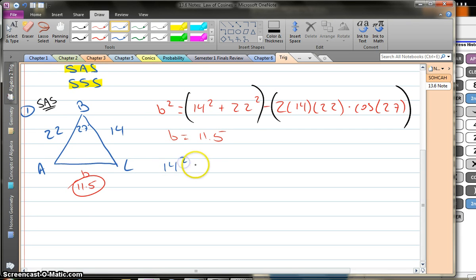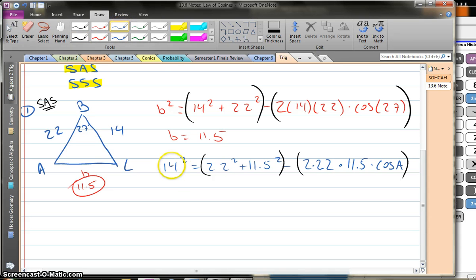14 squared equals 22 squared plus 11.5 squared, now that we know the other side, minus 2 times 22 times 11.5 times the cosine of angle A. Again, we're going to think of it as kind of these 2 parts and these 2 parts.